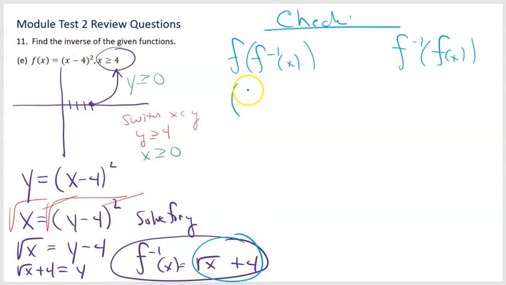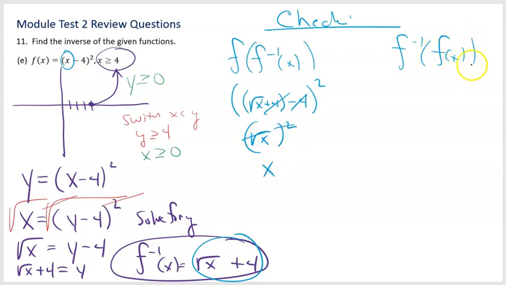So it's going to be (the square root of x plus 4 minus 4) squared. So I took my whole inverse answer and plugged it in for that little old x right there. Now I simplify this. These 4's cancel, and I get the square root of x, squared, and that is x. So it checked that way.